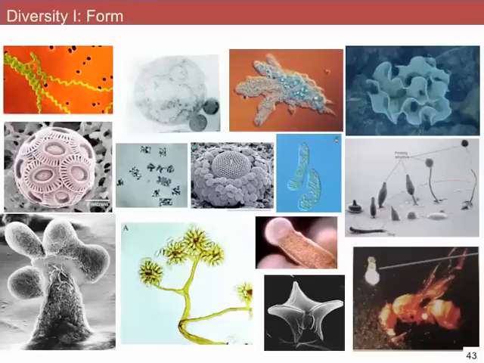So here's sort of a summary slide with a lot of different examples of the diversity of form in microorganisms. There are, for example, corkscrew-shaped or spiral-shaped bacteria. There are incredibly complicated single-celled eukaryotes with extracellular structures that are both gorgeous and very complex.